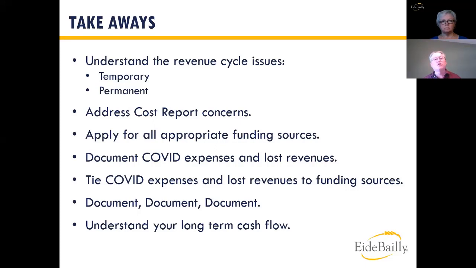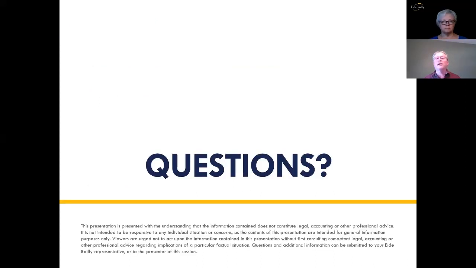By all means, make sure you're getting those funding sources in, applying for what you can. Document. Tie what you document to individual funding sources, so you have that documentation. Again, document. I will not say that enough because this could get ugly. Understand your long-term cash flow. And with that, I think we're ready to do some questions.